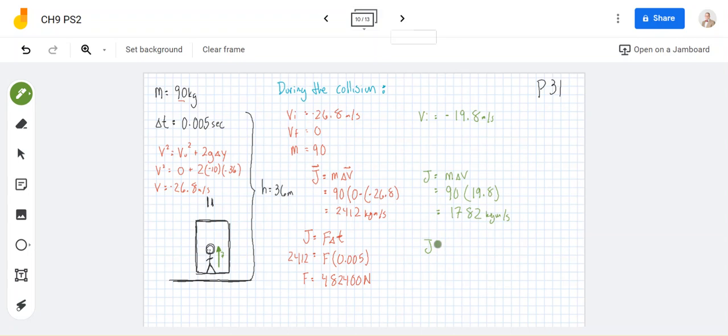And then if you want to calculate the force, we still see that it's thousands of newtons.